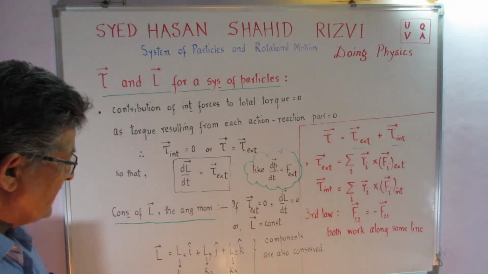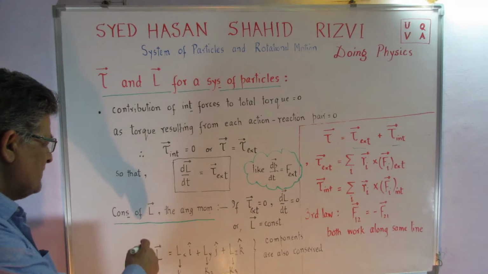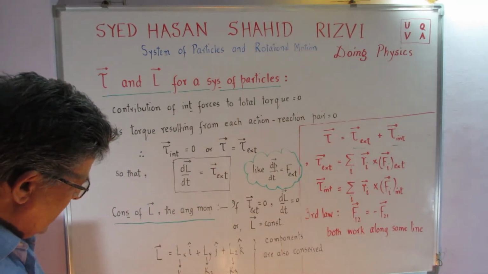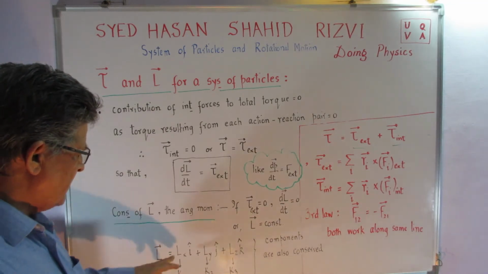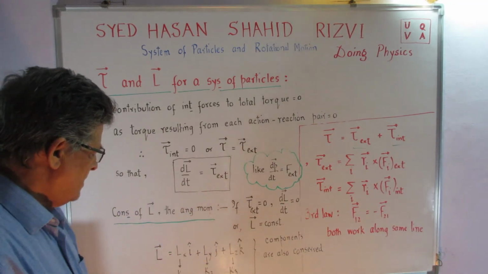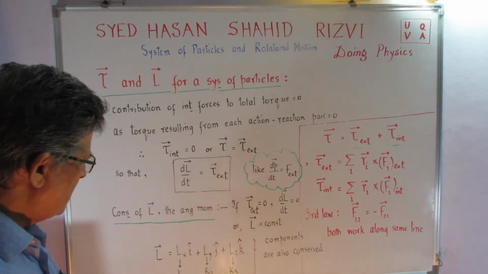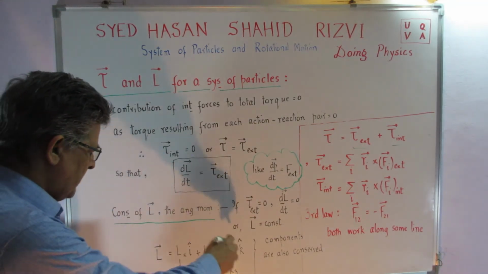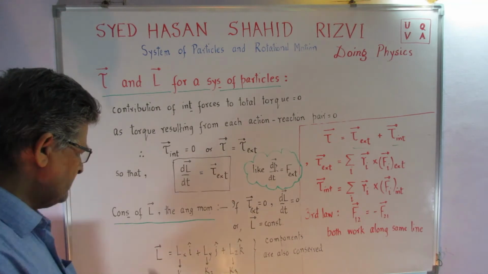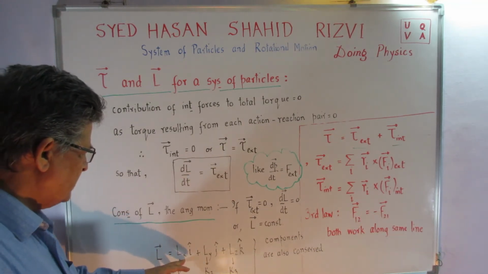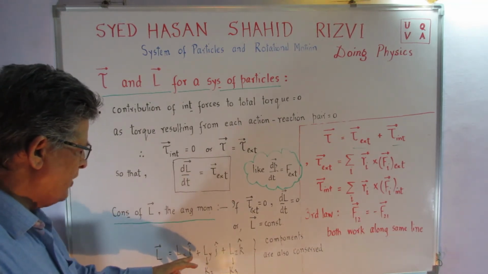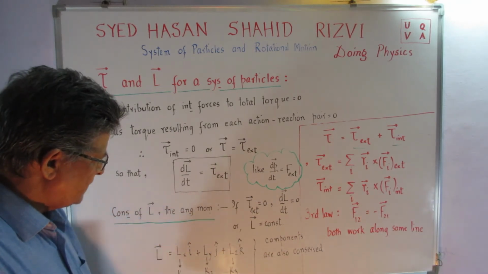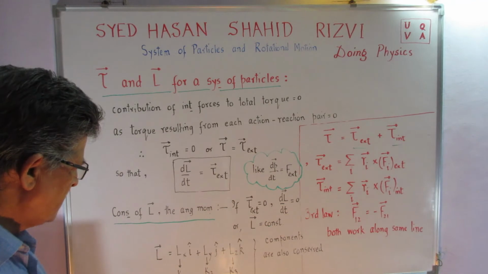Now I can write this total angular momentum L, in the system that we have adopted for the XYZ coordinates, as the x component into i cap plus y component into j cap and z component into k cap.